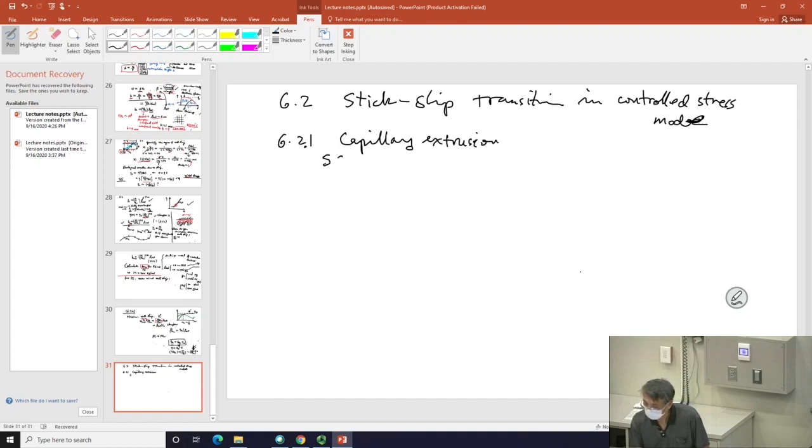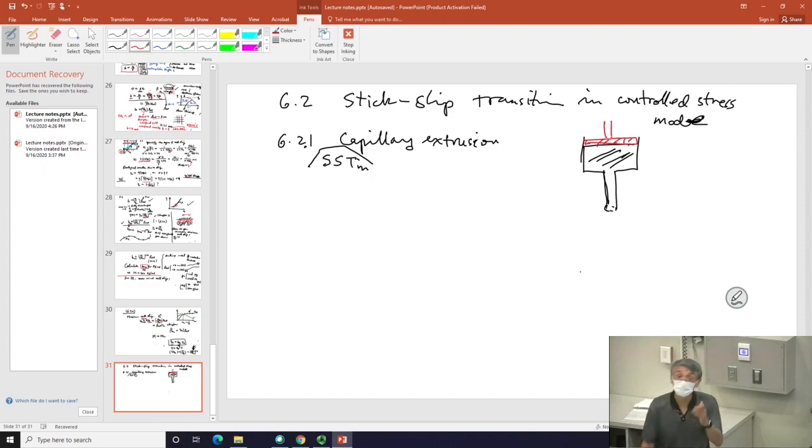Basically, stick-slip transition in capillary extrusion. So there, you remember, we just have samples in a barrel. This is all your sample, and connected to a die, and you have a piston pushing your material out of the little opening.